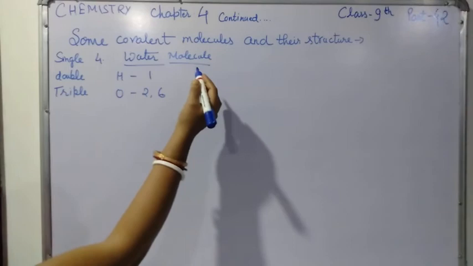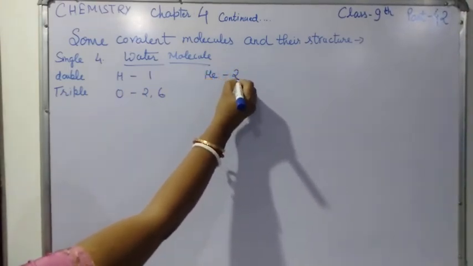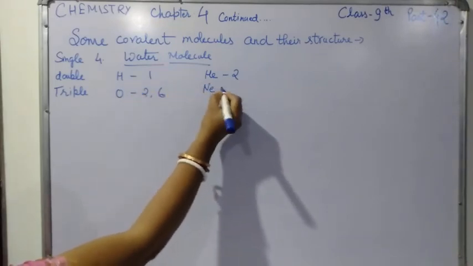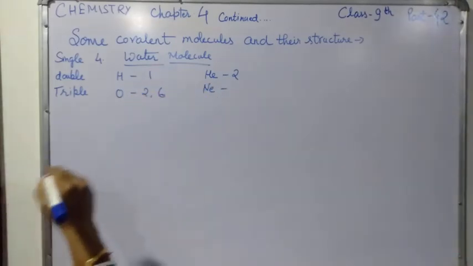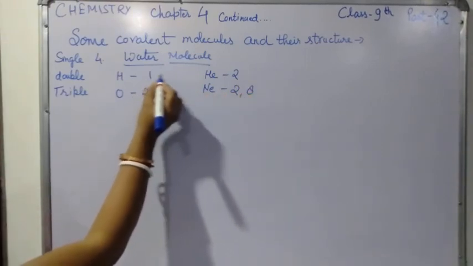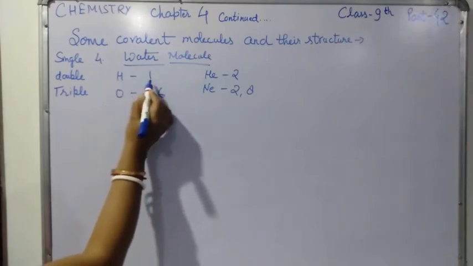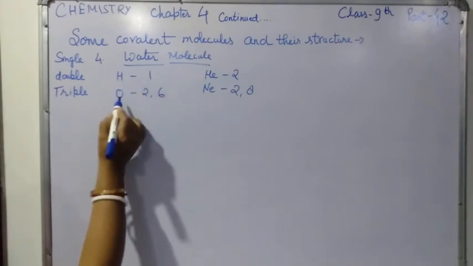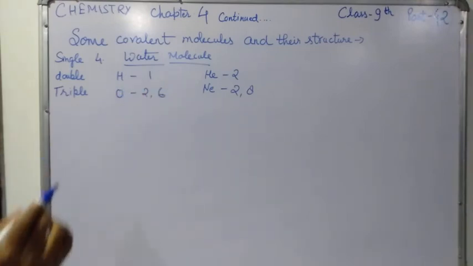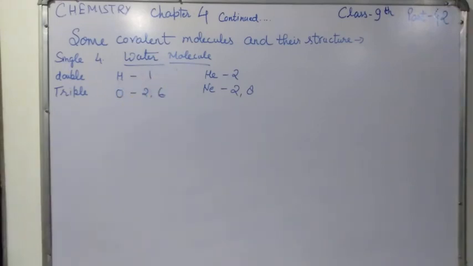Hydrogen's nearest inert gas is helium, its electronic configuration is 2, and oxygen's nearest inert gas is neon, with electronic configuration 2, 8. It means hydrogen needs 1 electron and oxygen needs 2 more electrons to complete its octet, while hydrogen has to complete its duplet.